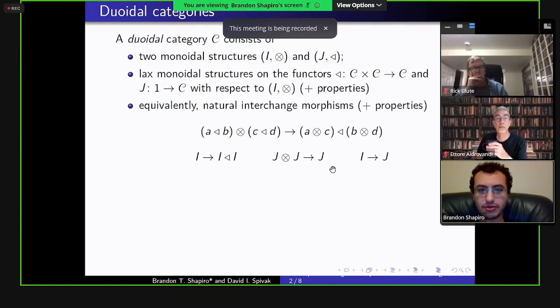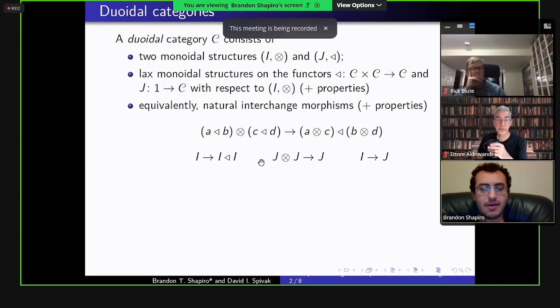Well, three morphisms down here between the two units and their products, and this interchange morphism that says that a tensor of tris is not equal to, but has a morphism to the tri of tensors. And in a minute, I'll give what I think is a really illustrative example of that.